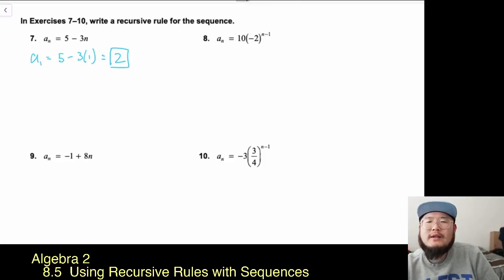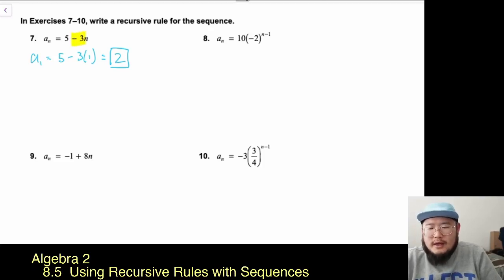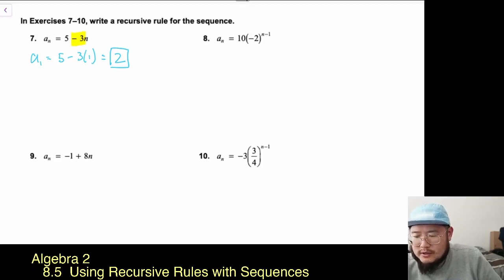Or are we subtracting 3 or adding 3 each time? And hopefully you realize at this point in time that -3 is our common difference each and every time. That right there, boys and girls, is your common difference.